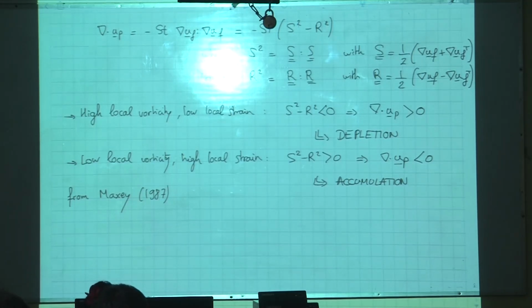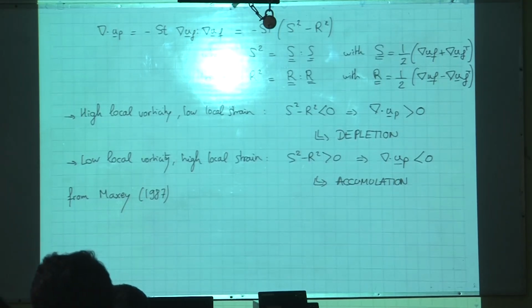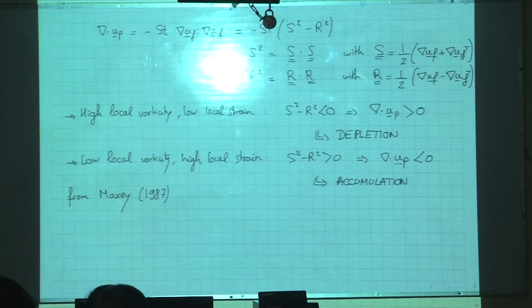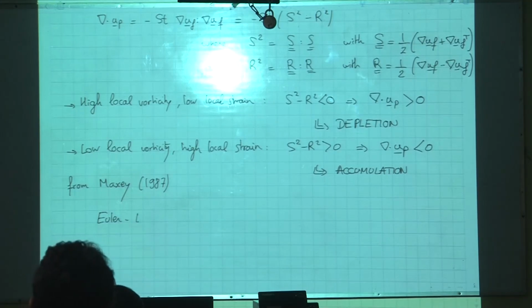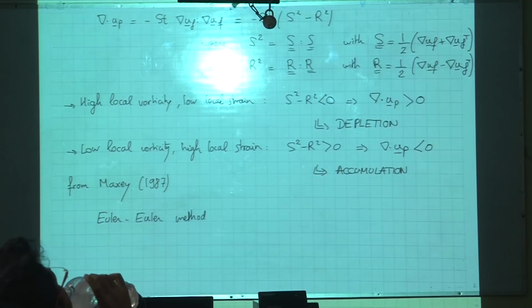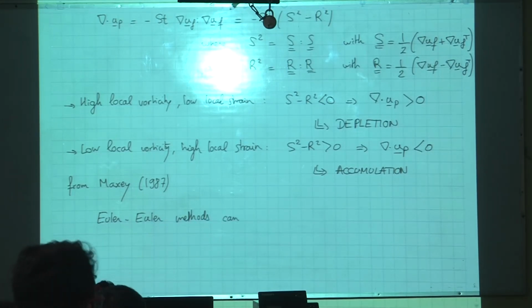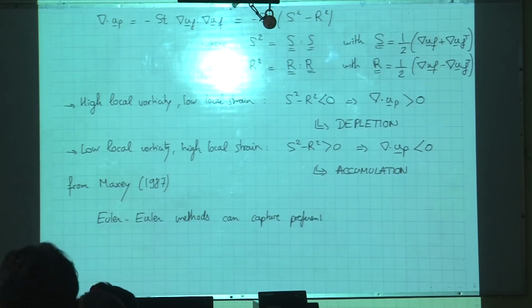So something like preferential concentration is a fairly low-hanging fruit, and Euler methods should be doing a good job there. Situations where the flow is more dilute and where particle trajectory crossing can take place are going to be a more challenging situation for Eulerian methods. So the upshot here is that fully Euler methods can capture preferential concentration.